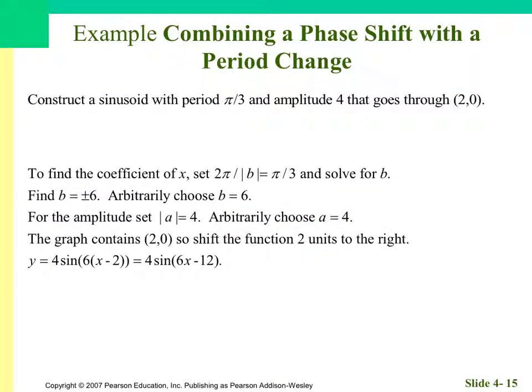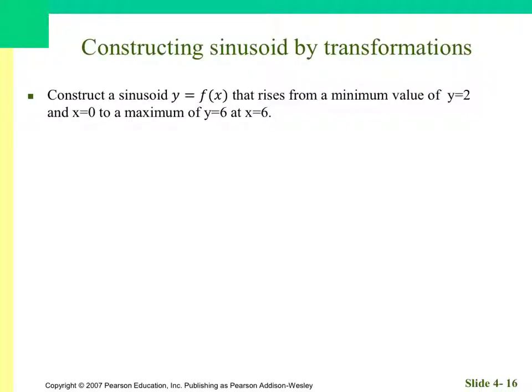There we go. So it says find B is plus or minus 6? Yeah, because we were absolute value, but we don't know if it's positive or negative, so you just choose the positive values, okay? All right, so remember, the amplitude equals max minus the min divided by 2, so you get 2.